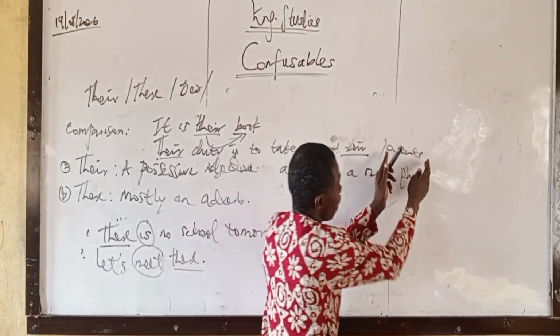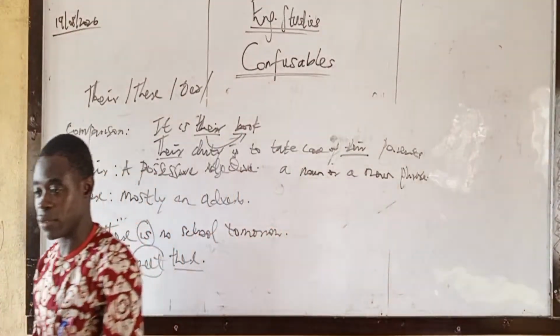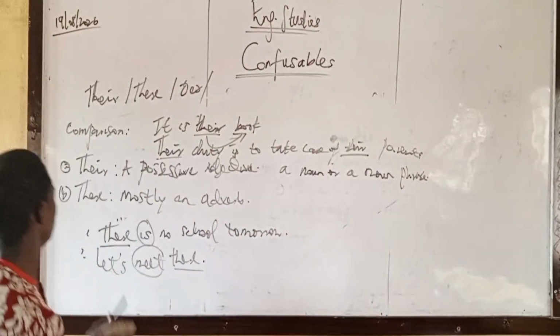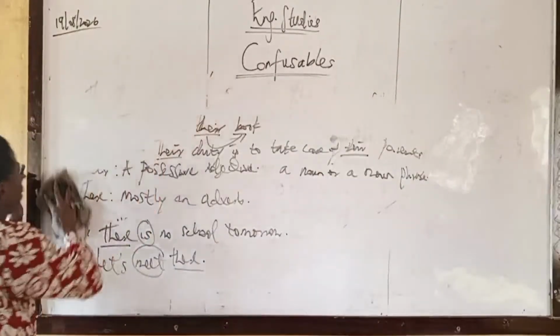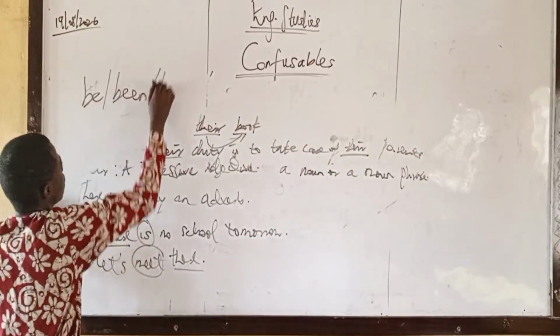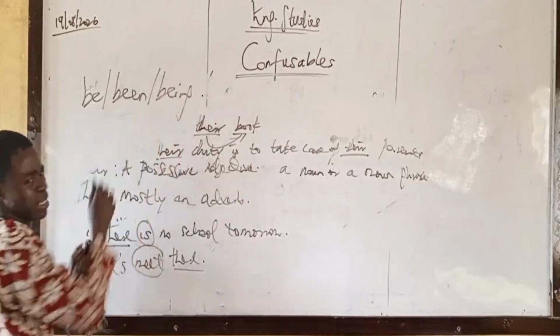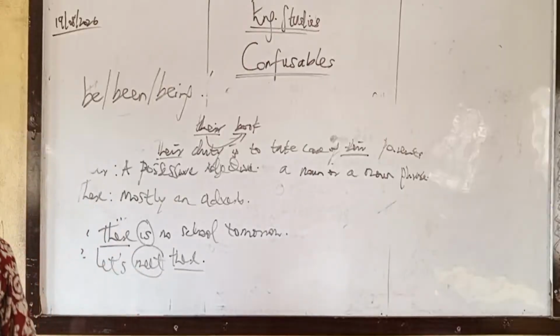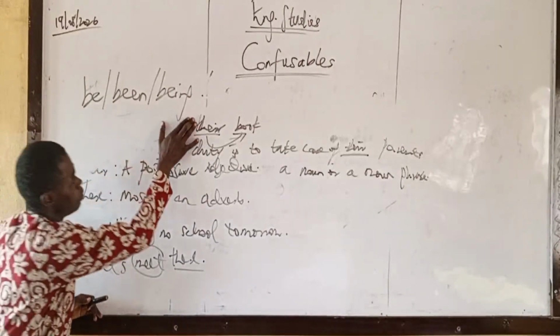Before the noun, parents. Notice the difference. Another confusing thing in English again. In fact, this is a very confusing part in English. Be, being, and been. How? Be, being, and been.